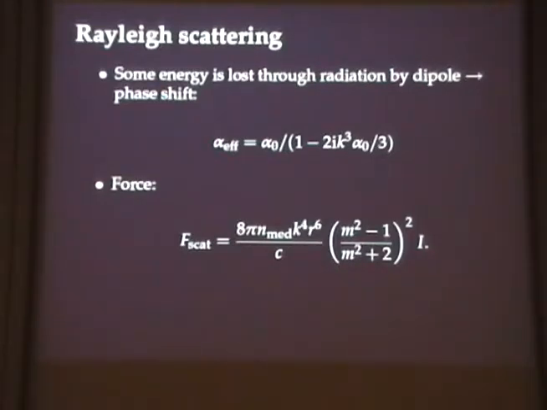And I can replace my tiniest particle polarizability with an effective polarizability with this basically k cubed term due to the radiation. And this gives me an extra term in the force due to the loss of energy. This is essentially my scattering force. I have some incident field. This thing's extracting energy from it and re-radiating. It's a dipole antenna. It radiates equally in opposite directions.